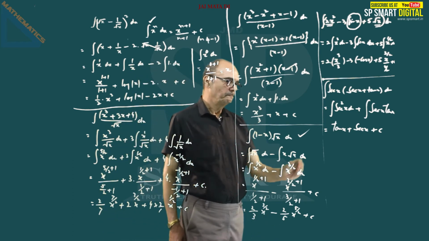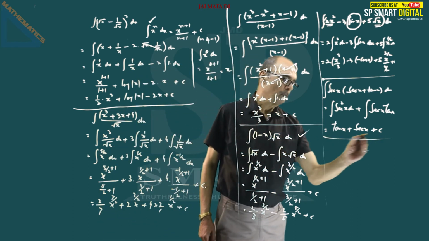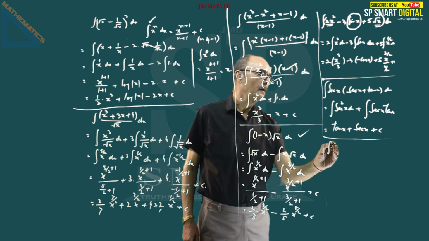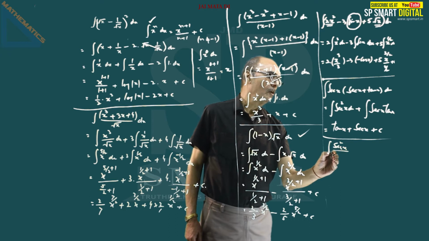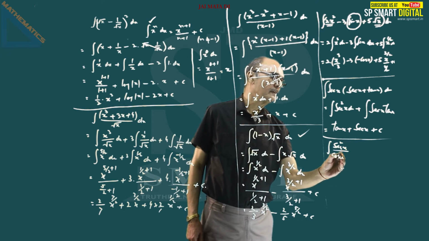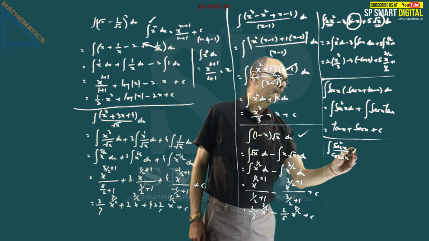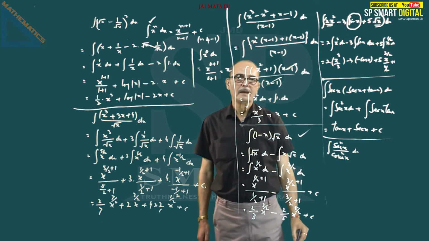Next is the integral of secant square x upon cosec square x d of x. Very interesting problem.